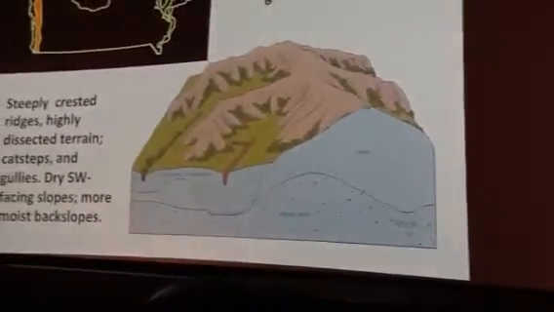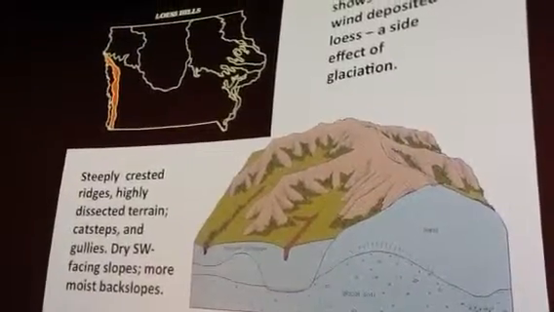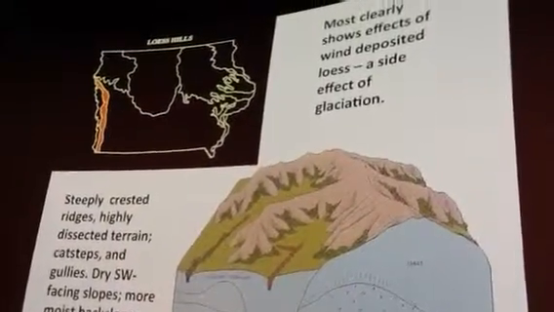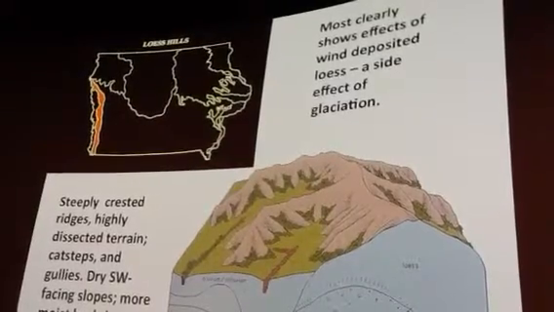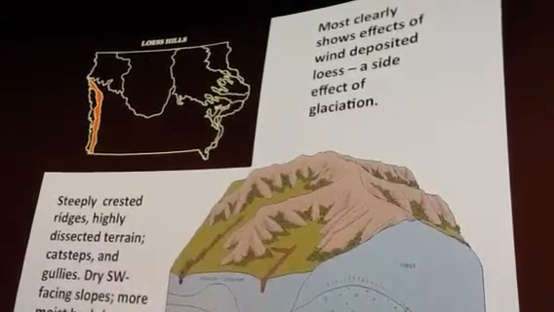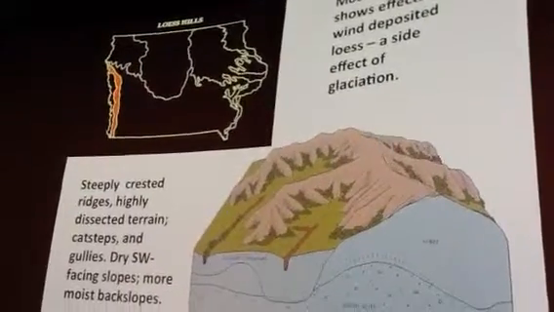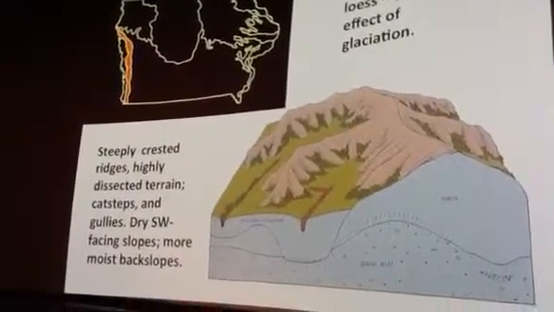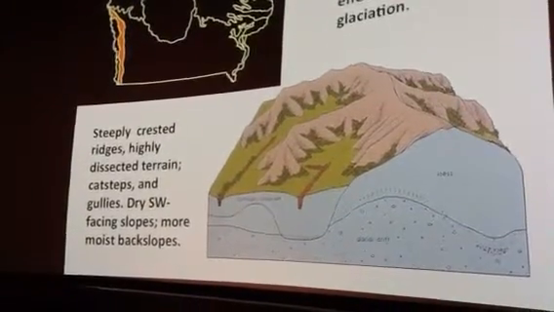The next area that we'll take a look at now are the Loess Hills in western Iowa. And this introduces not only a different landscape region that's totally different from the Des Moines Lobe, but it introduces the next dominant geologic deposit to result from the glacial history of Iowa.